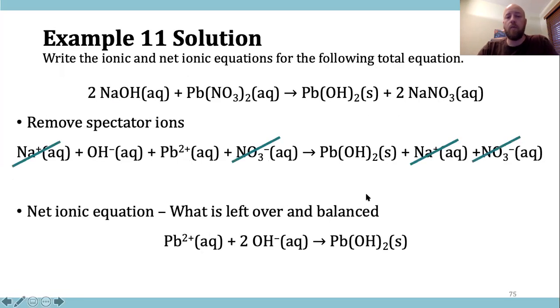We eliminate the spectator ions, and what is left over is our net ionic equation, which we would have to balance and make sure is balanced. So you have lead and hydroxide making the lead hydroxide.